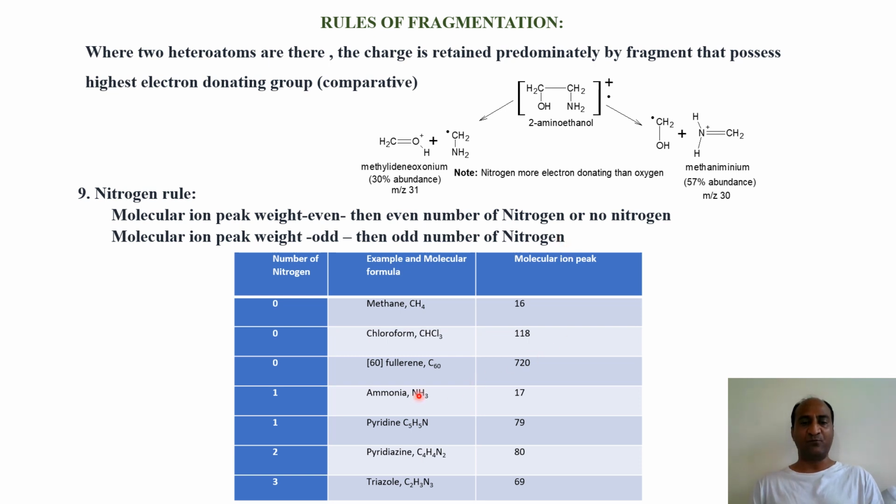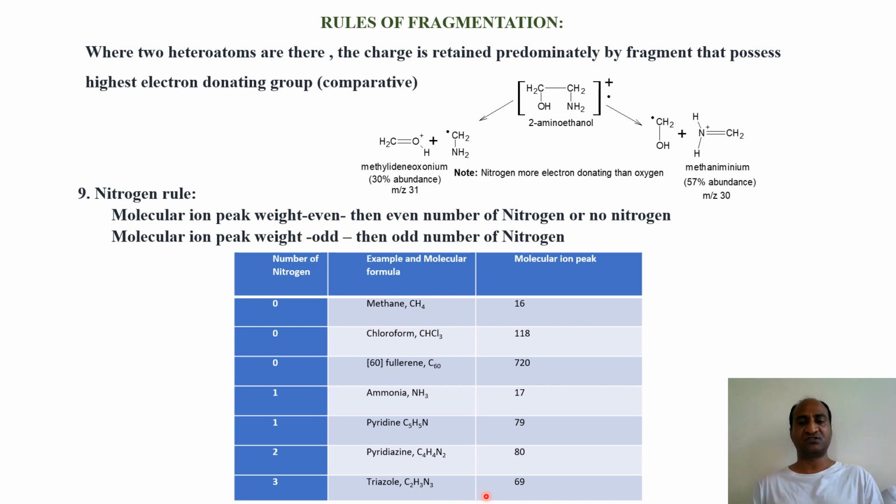So here in ammonia, the molecular weight is 17, that is an odd number. So it has an odd number of nitrogens, that is 1. Similarly, in pyridine, there is a molecular ion peak of 79. This is an odd number, so it has an odd number of nitrogens, that is 1 nitrogen. Similarly, in triazole, there are 3 nitrogens, that is an odd number.